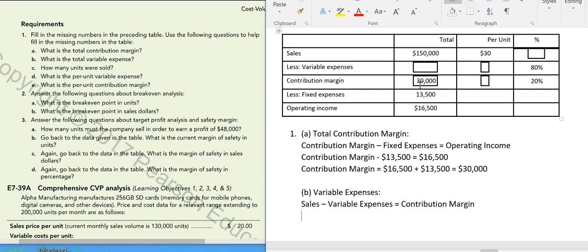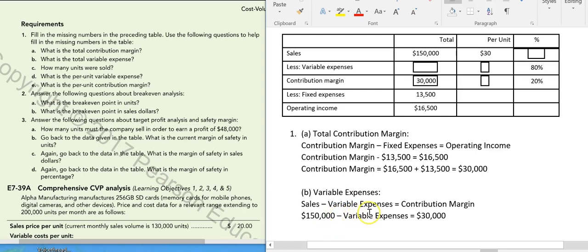Now we know our sales amount, which you can read from here, 150,000. We don't know variable expenses, but we also know our contribution margin, which we just figured out is 30,000. So if we write down the information that we already have, we can figure out the missing information. Now what we will do is change the sides.